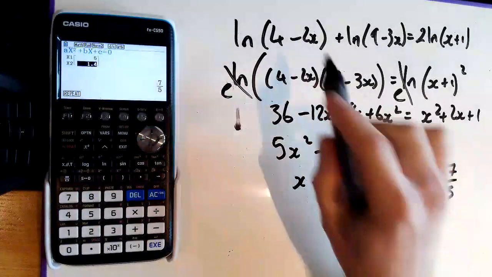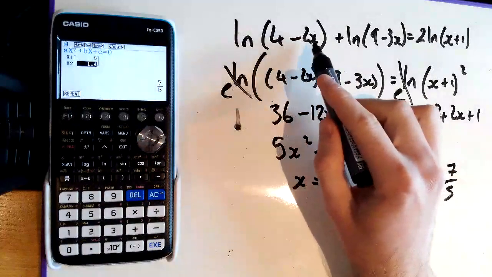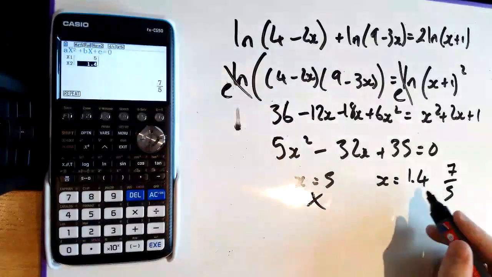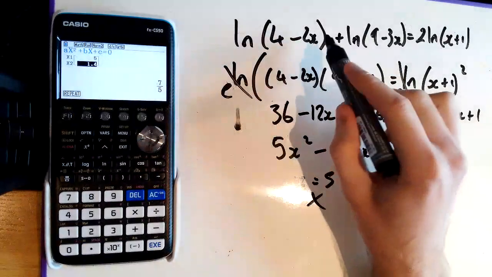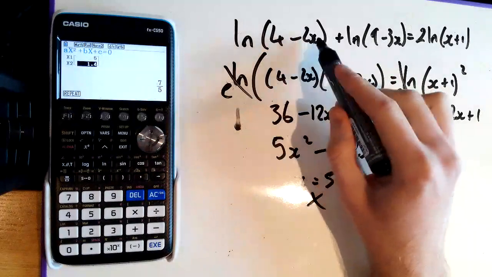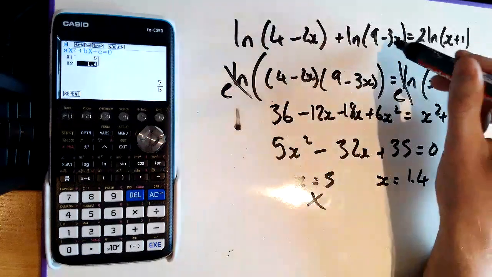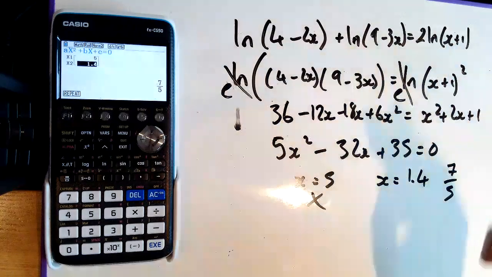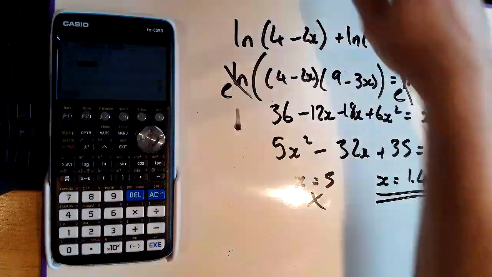So if I put 5 back into this one, 2 times 5 is 10, 4 take away 10 is minus 6. So 5 won't work there. 1.4. So 2 times 1.4 is 2.8. So I can take away from 4 and get positive. 3 times that is 4.2, so that's still a positive number. And 1.4 add 1 is positive. So that does work. So that's my only answer, 1.4.